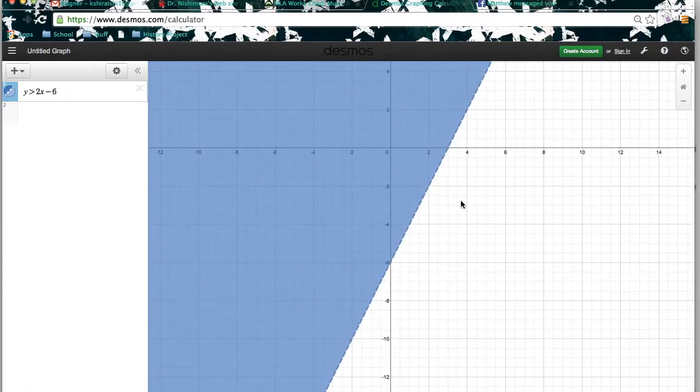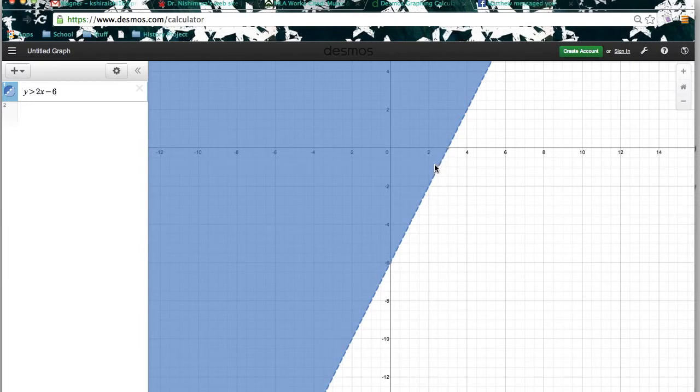Just like when you do a regular function and graph it, you do that, but because we have this inequality symbol, you have to shade in the parts. So this is a greater than symbol, and it doesn't have the equal sign, so it's going to be a dotted line. So greater than or less than signs are dotted.